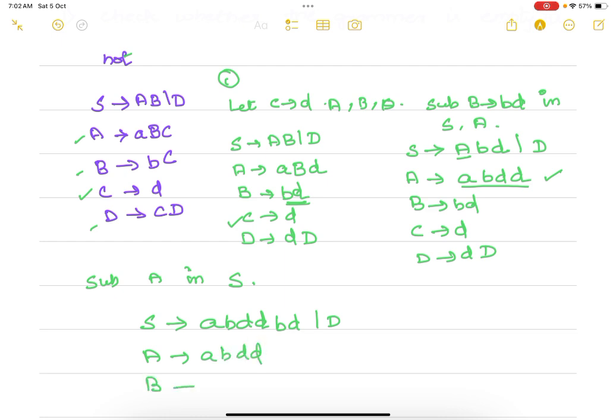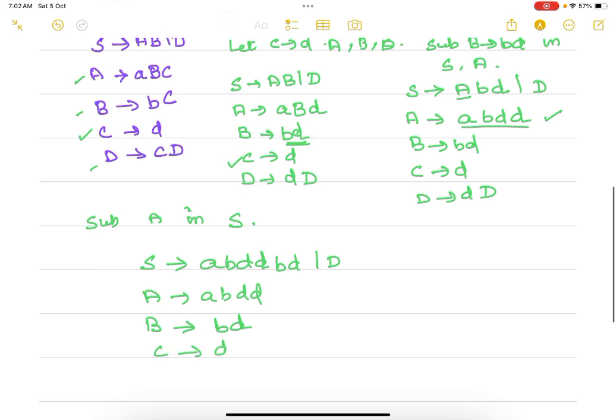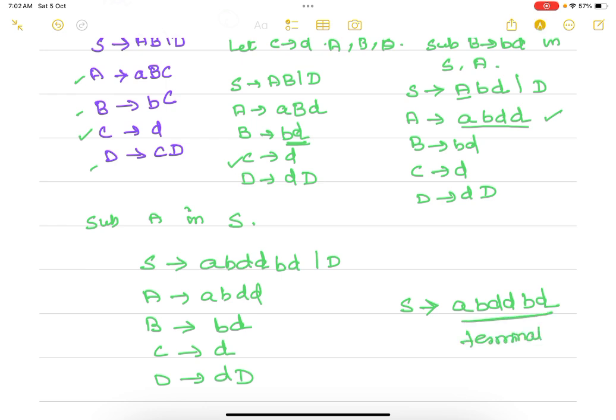Now, by substituting A in S, we were able to derive a set of terminals from the start symbol. So S is able to derive ABD, D, BD. These are terminal symbols. Starting from S, we are getting some terminal symbols.